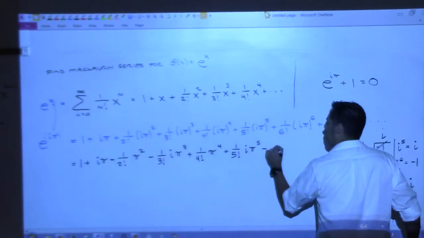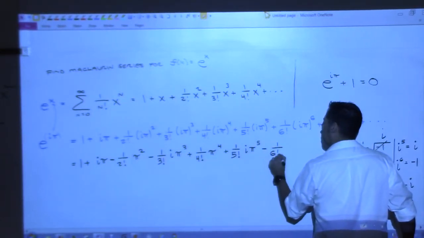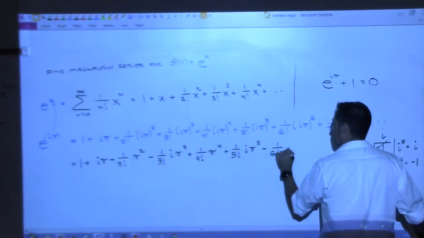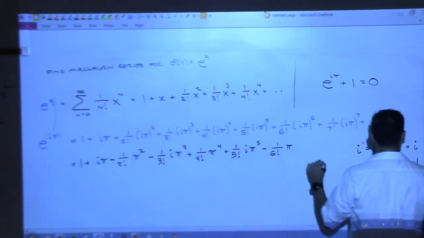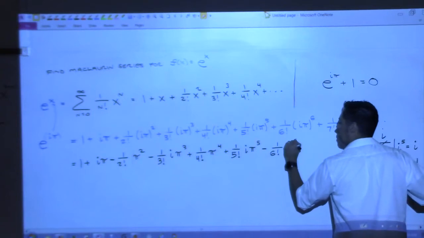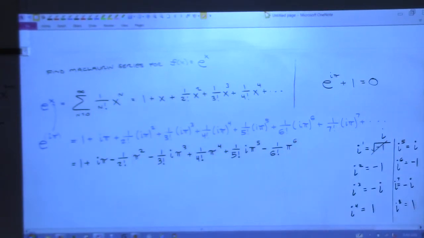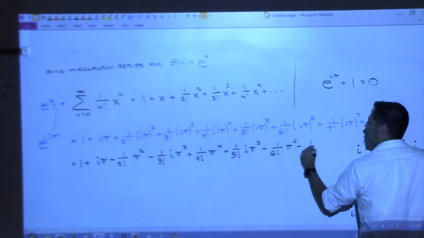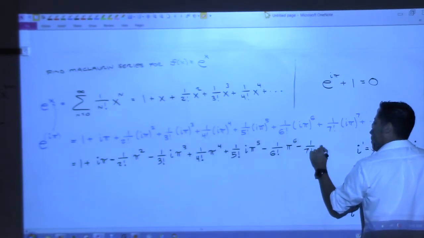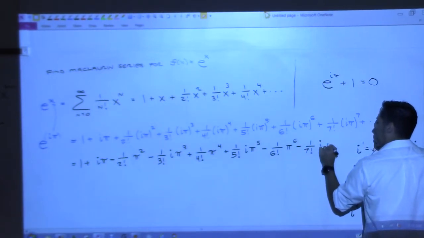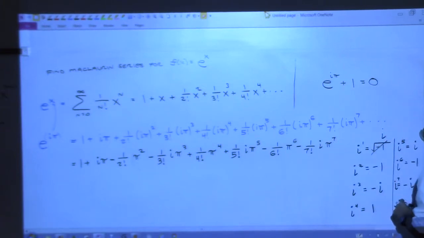So minus 1 over 6 factorial. No more i's, right? Just pi to the 6th. What about i to the 7th? Minus i, right? So it's going to be a minus 1 over 7 factorial. We still have an i, i pi to the 7th.